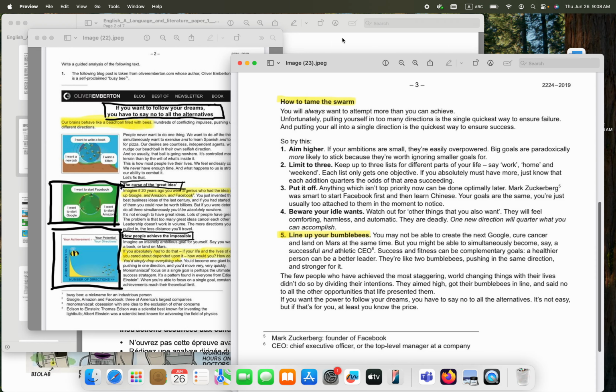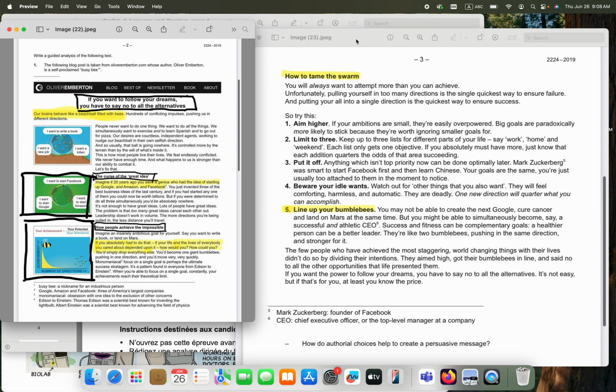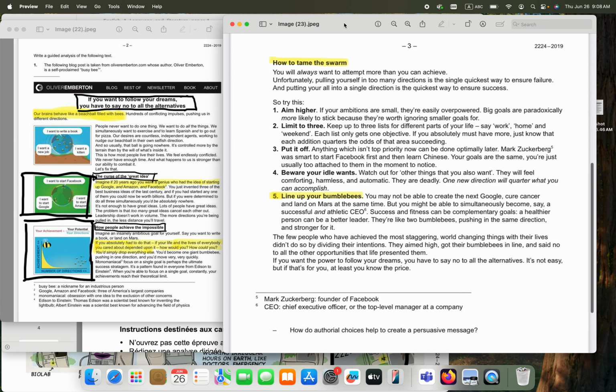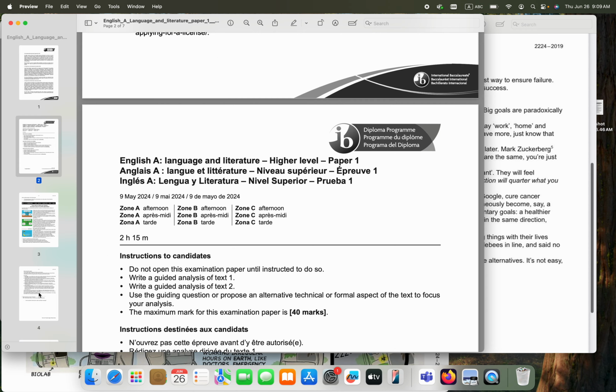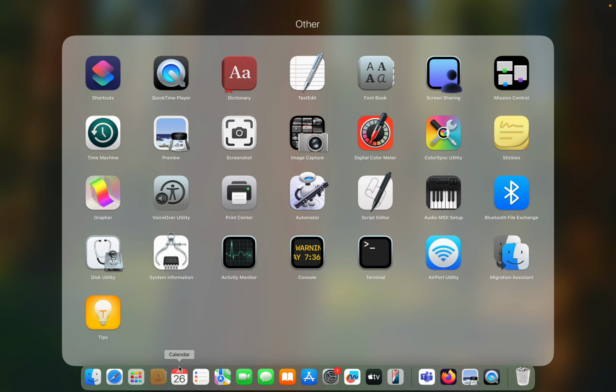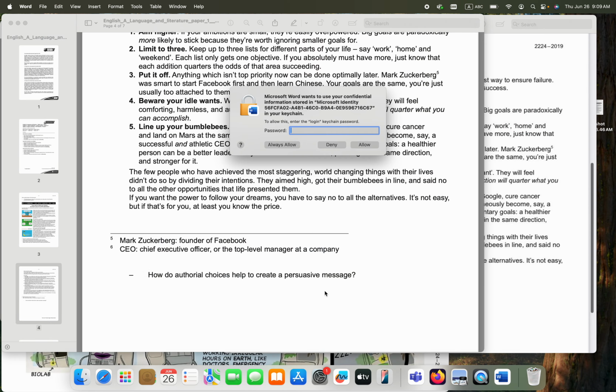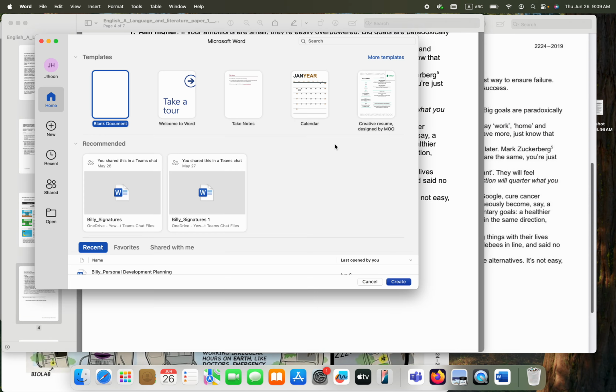So this is the blog post, and I just highlighted and circled some points that I wanted to talk about. And the question is, how do authorial choices help to create a persuasive message? Alright, so I'm going to use a Word document.